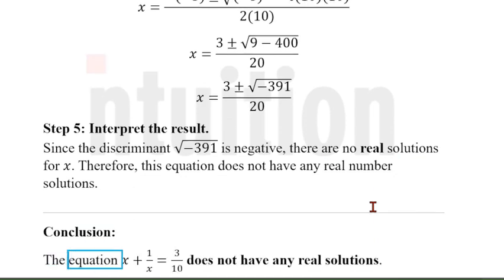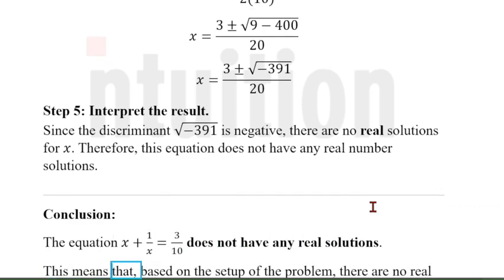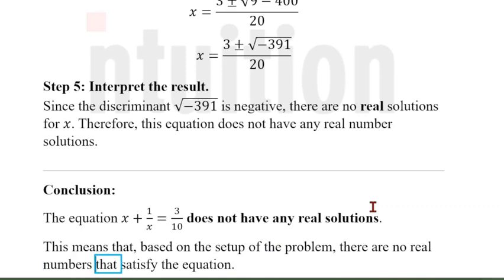Conclusion. The equation x plus 1 over x equals 3/10 does not have any real solutions. This means that, based on the setup of the problem, there are no real numbers that satisfy the equation.